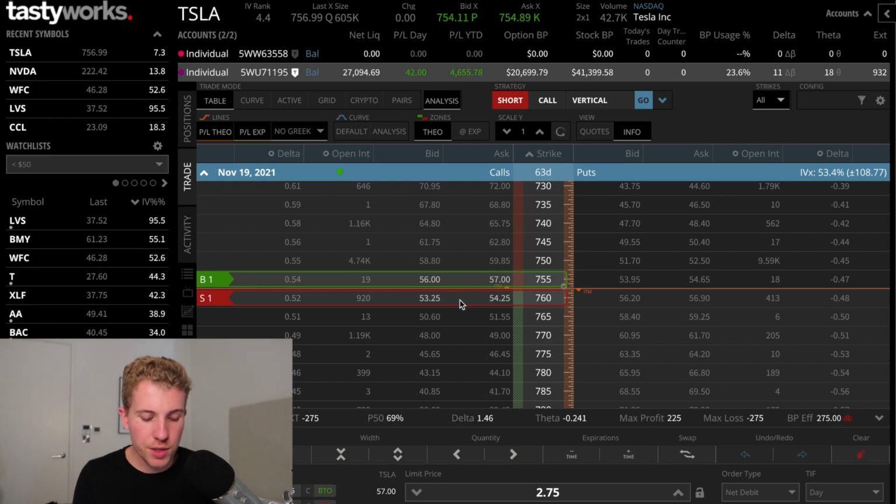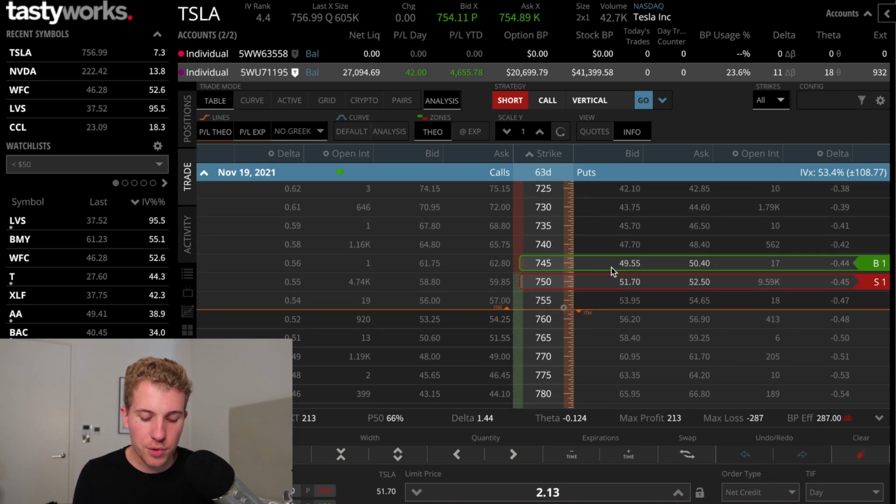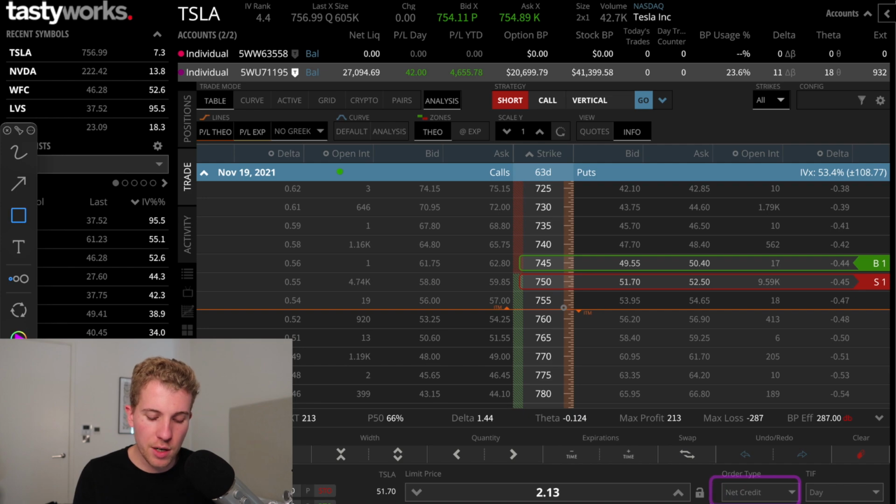If you're trading credit spreads, for example, let's say that I sell the 750 put and I buy the 745 put. Now I'm actually selling a put credit spread. As you can see, I have a net credit just down below. It means that I'm overall a net seller because I'm receiving a credit. And you can see that the buying power for that trade is $287.